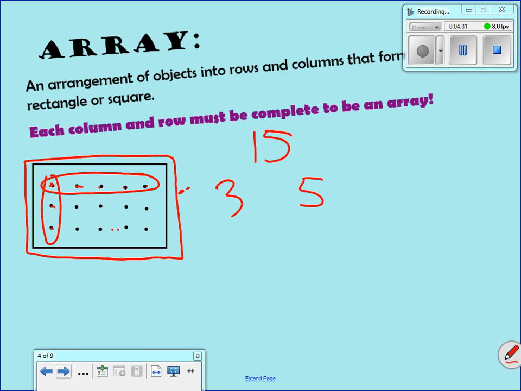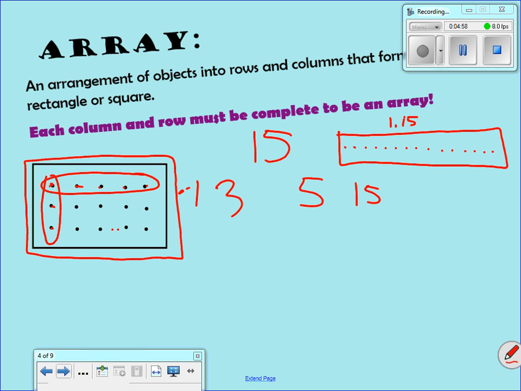We could draw another array for 15 by drawing a long and skinny one. So one row of 15 dots. 1, 2, 3, 4, 5, 6, 7, 8, 9, 10, 11, 12, 13, 14, 15. So that is an array of 15. And this one represents 1 and 15. So we'll squeeze that in on our little line here.